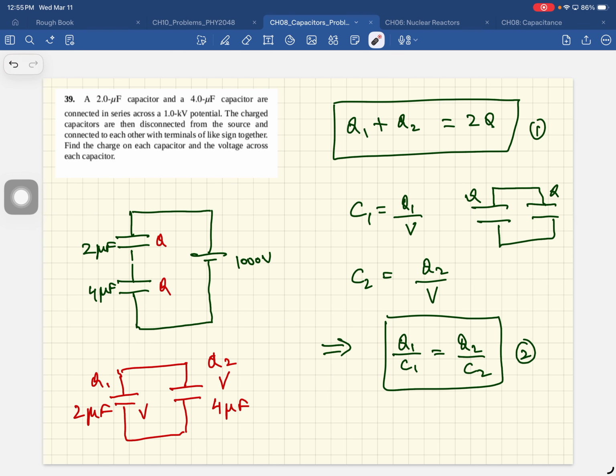Some charge will flow from here to there, let's say. But the total charge on these plates remains constant. It was 2Q to begin with, so Q1 plus Q2 will be equal to 2Q. That's where you got that information from. And how do the charges redistribute? The charges redistribute such that the voltages have to be the same.